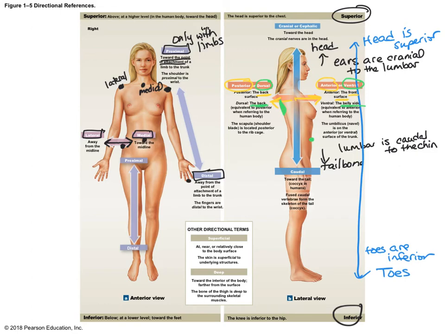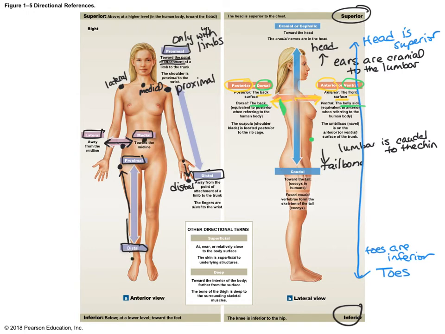So, for example, the shoulder is proximal to the wrist, meaning the shoulder is closer to the body attachment than the wrist is. The fingers are distal to the wrist, meaning the fingers are further away from the attachment point than the wrist is. We can also see this in the legs as well. The hips are proximal to the knee. The ankle is distal to the knee.